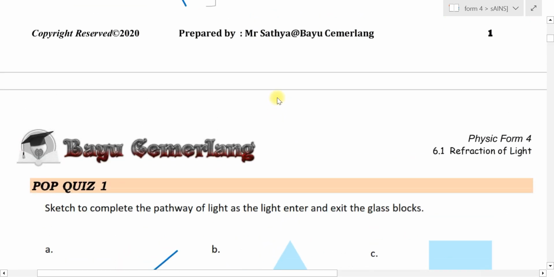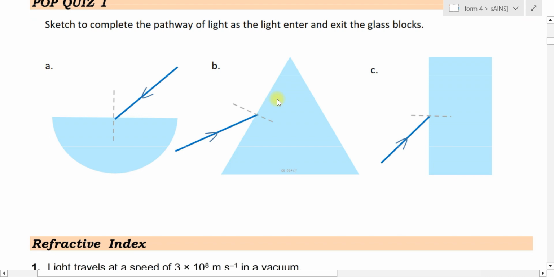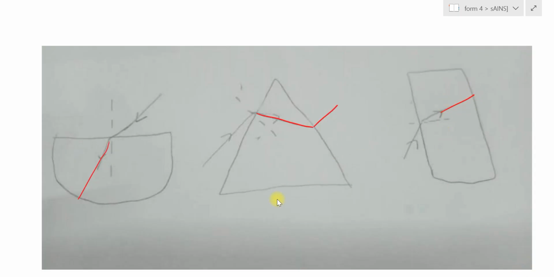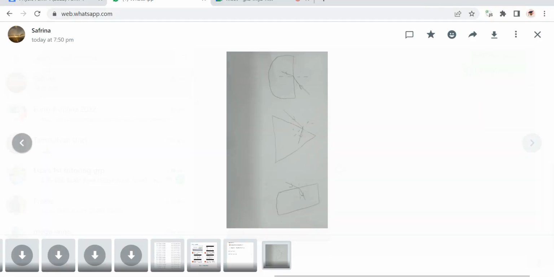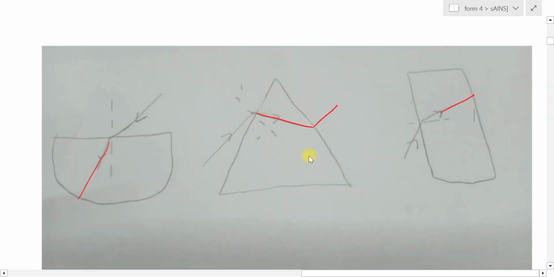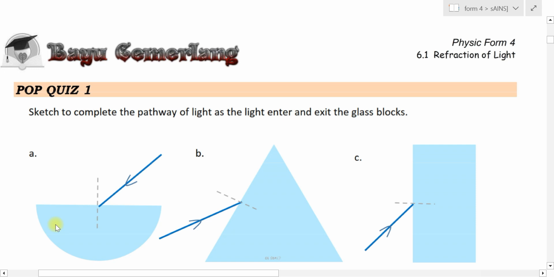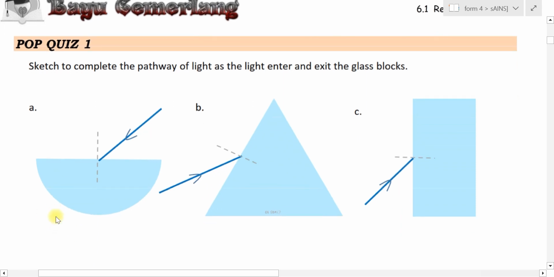Okay, next one. Okay, cuba apa ni, sketch yang ni. You need to extend the two boundaries. Okay, kita cuba check tengok. Okay, so yang ini less dense, jadi dia nak pergi denser medium.